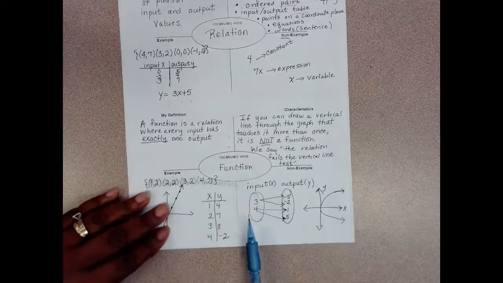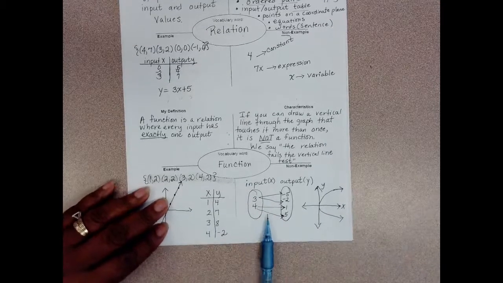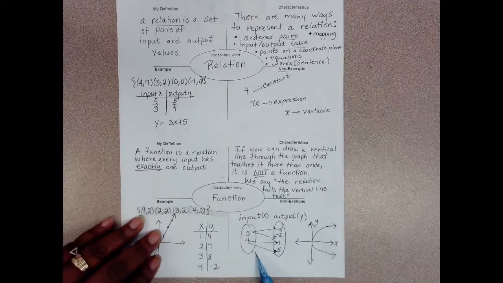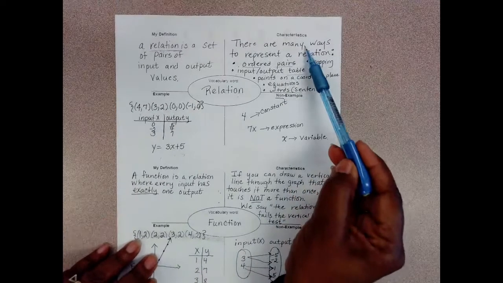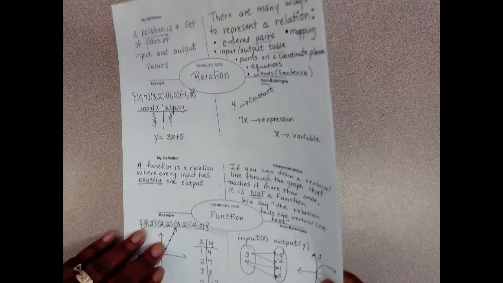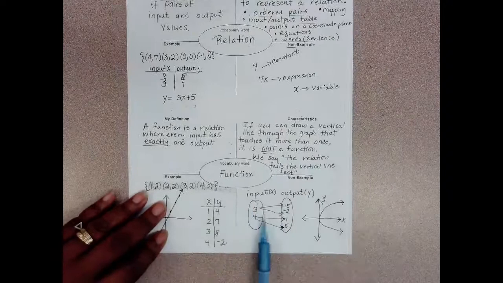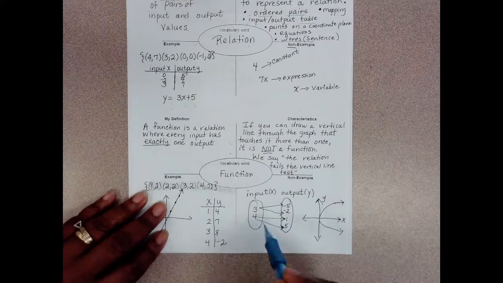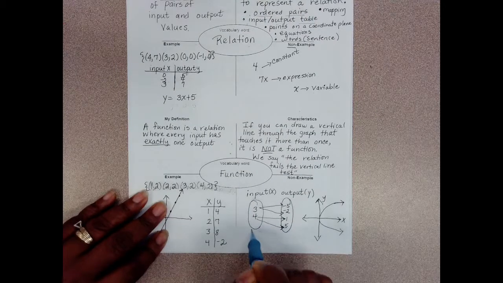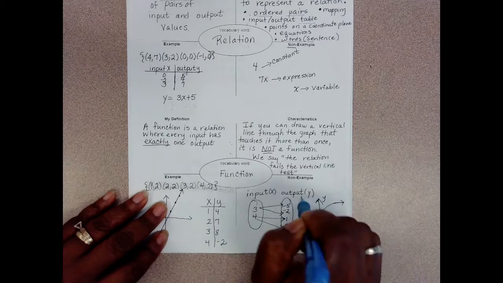And here's another example. This is what we call a mapping. Remember, that is one of the ways that we can represent a relation. So in this particular mapping example, we have input values of x as being 3 and 4, and we have an output of y.